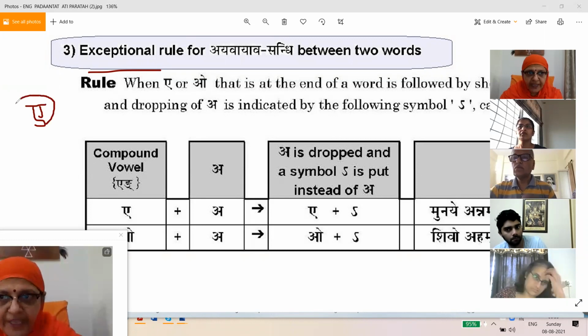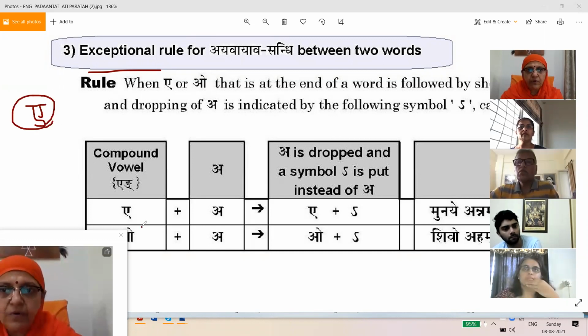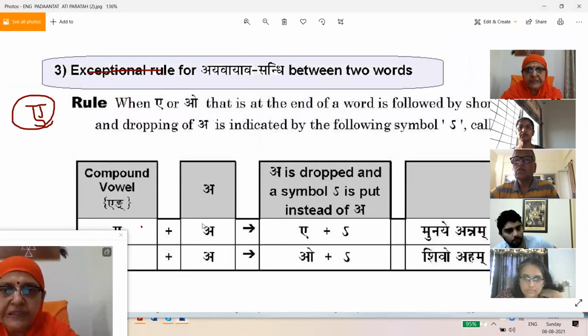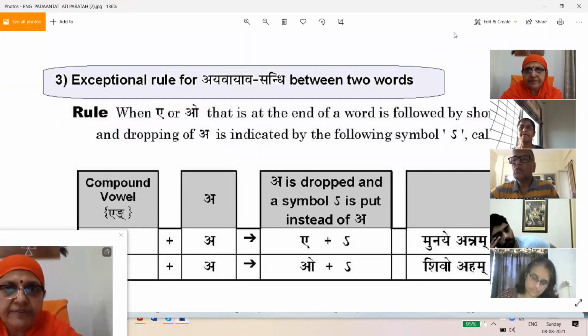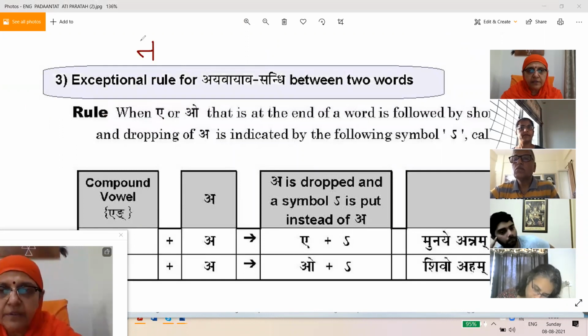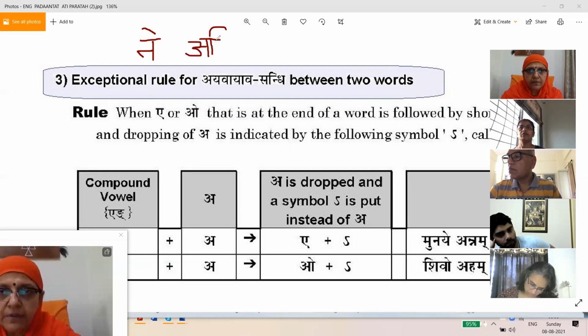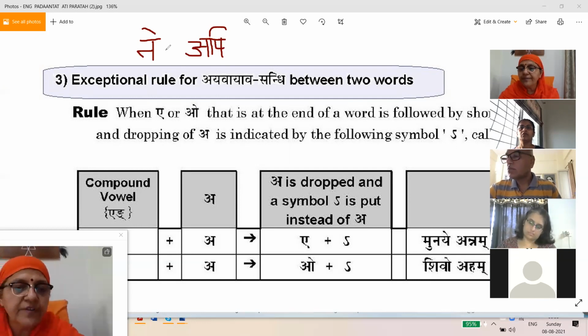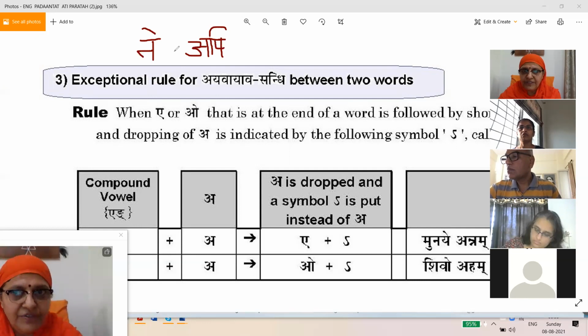But this exception is special for E and special for O, only for two, when there are two separate words. Suppose te. In the Gita we have seen this sandhi very much. Te plus api. Here ayav sandhi may take place, then E becomes Ay, so teyapi.